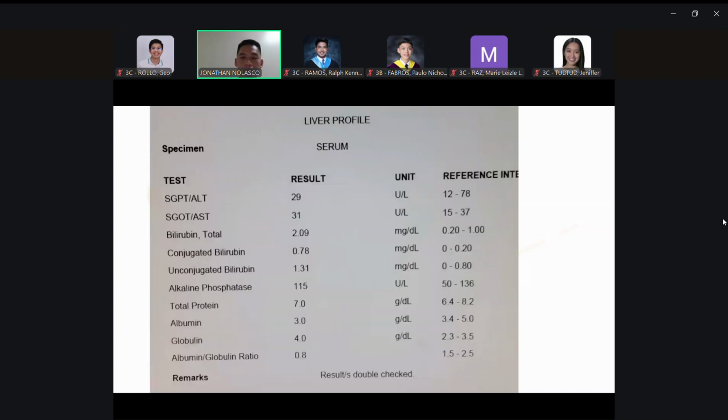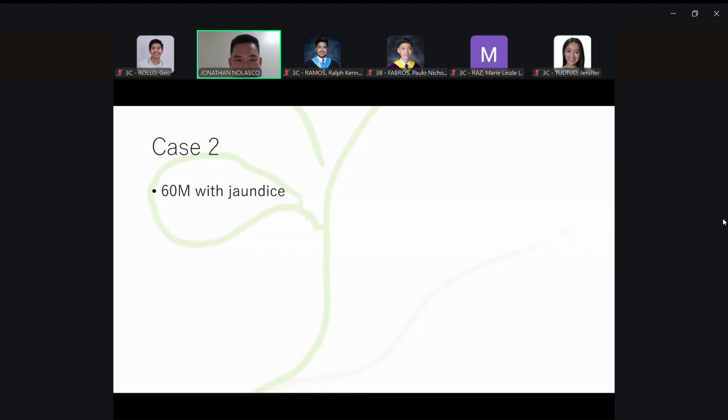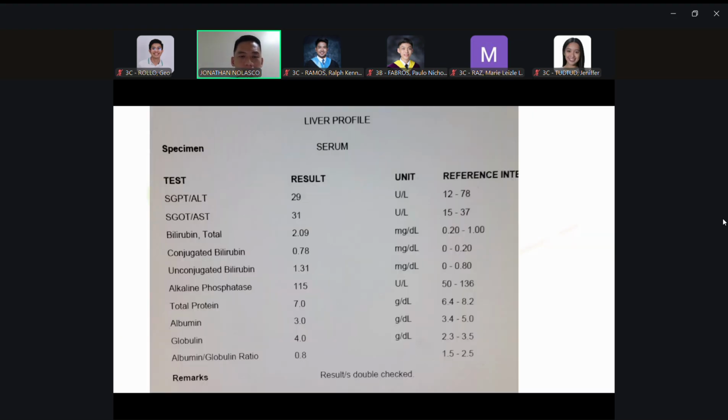And in the video, I showed you an example of a liver profile test, like this one. Can you try to interpret this? This liver profile is not of this patient, okay? But this is the example I gave in the video lecture. If you can try your hand in interpreting this liver profile and type your impression.